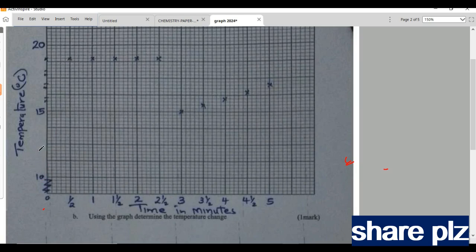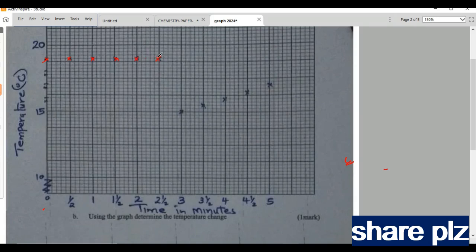It means my scale is 4 small squares equal to 1. So counting 1, 2, 3, 4, that is 11. 5, 6, 7, 8, that is 12. 9, 10, 11, 12, that is 13, and so on until I reach 15. Counting up, 19 is here. So I have put 19 here. This is my 19.